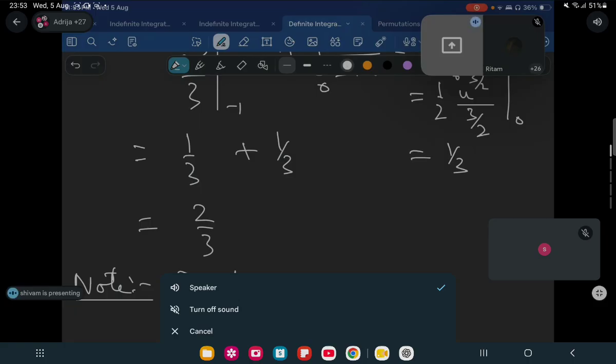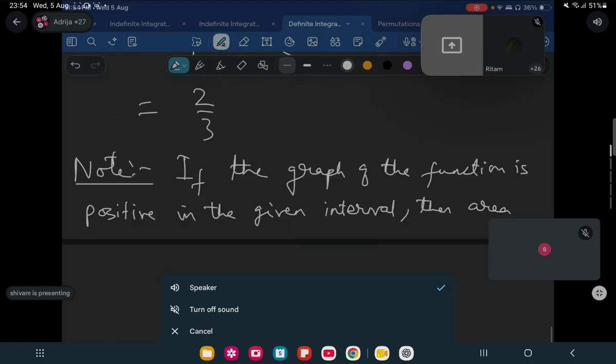If the graph of the function is positive in the given interval, then the area will also be positive.